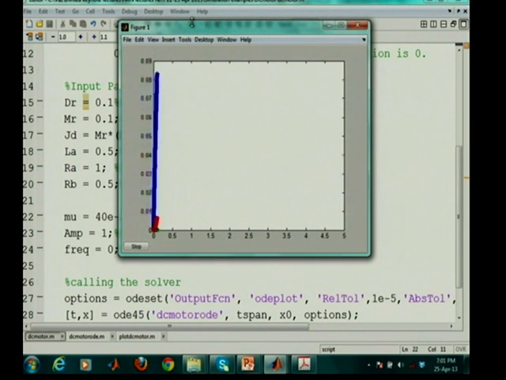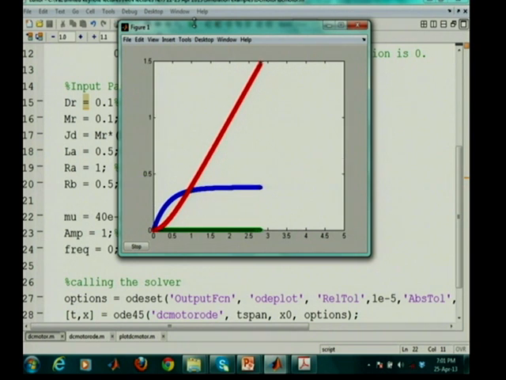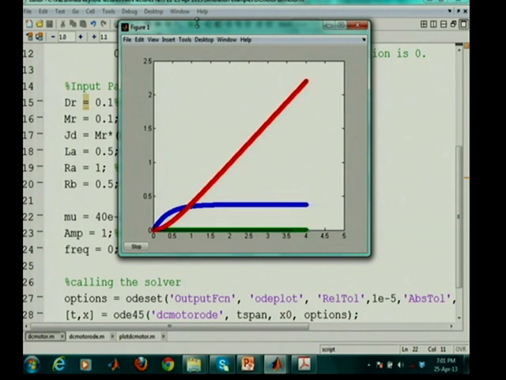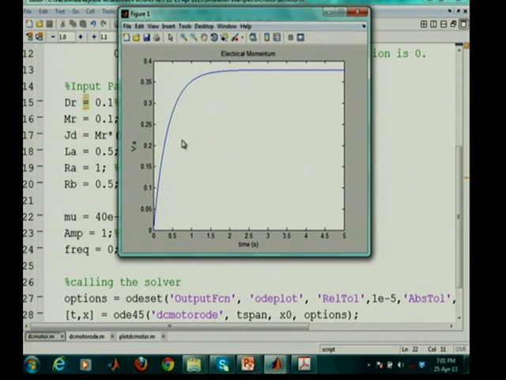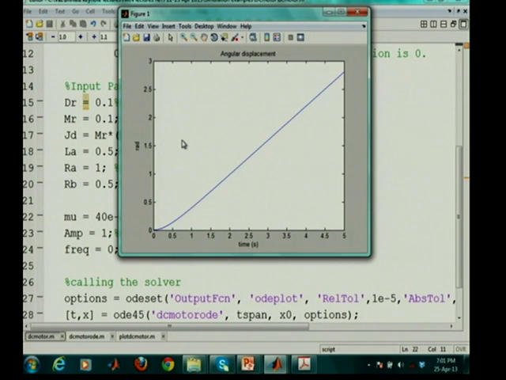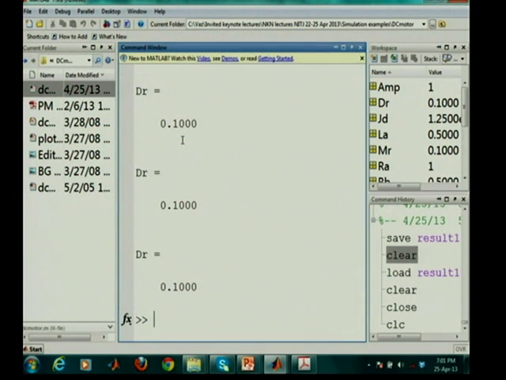So we run this simulation again. Yeah, we are getting almost the same thing, the pattern looks more or less the same. So you can try out different parameters and you can study the response.